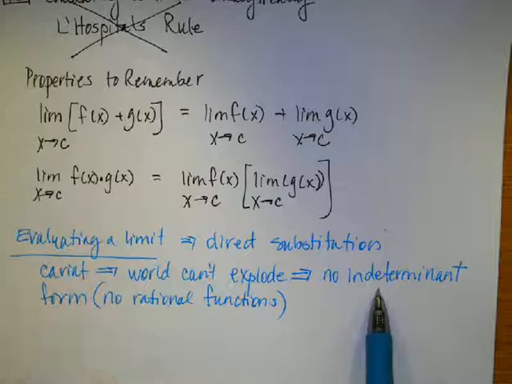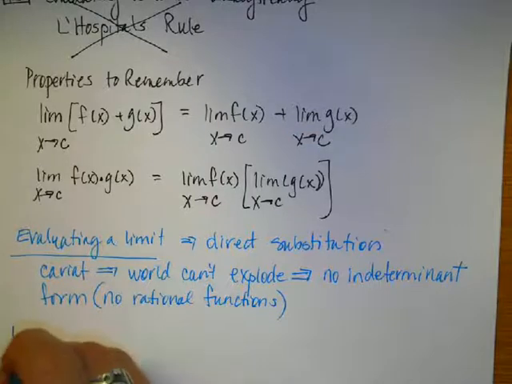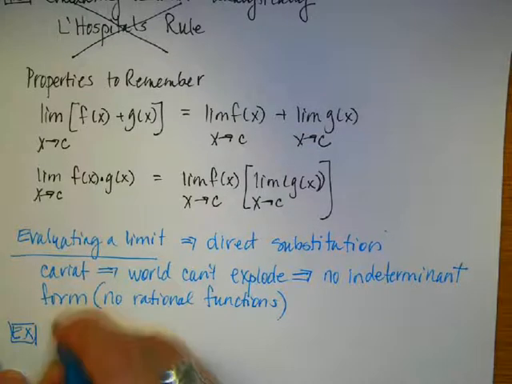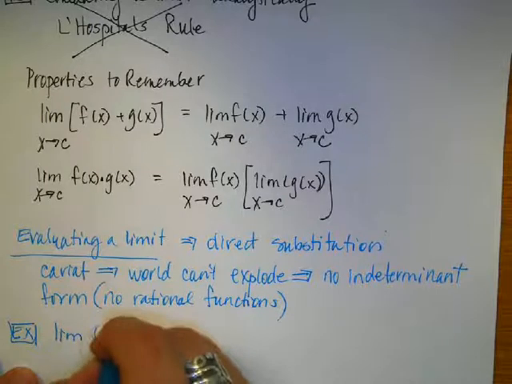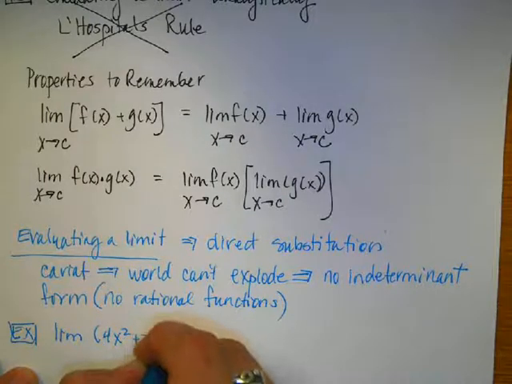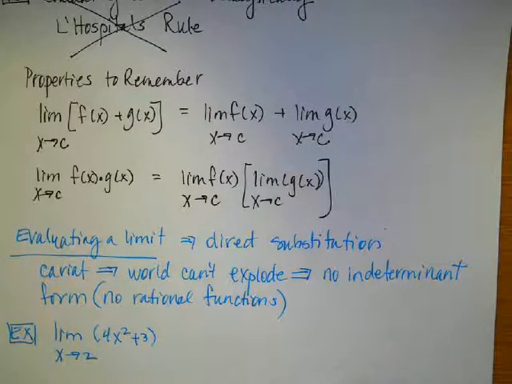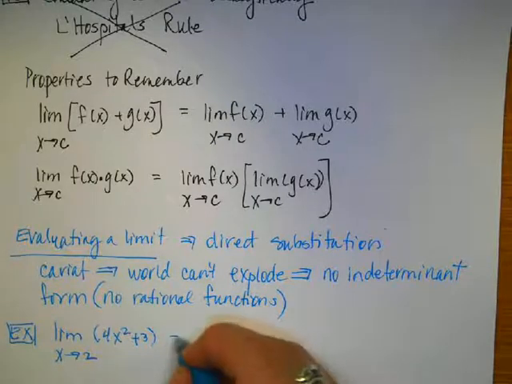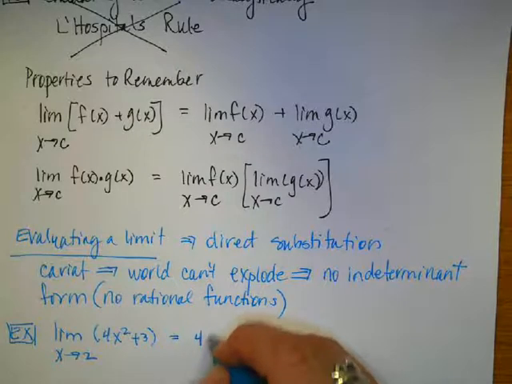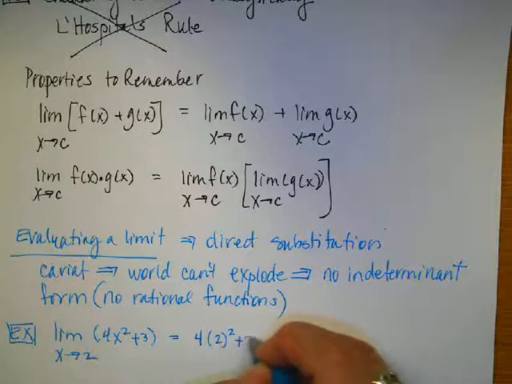And let's do the limit of 4x squared plus 3 as x approaches 2. Again, this is not a rational function, so I have nothing in the denominator to make it undefined or the indeterminate form, so I can just do direct substitution. So this is going to be 4 times 2 squared plus 3. 2 squared is 4 times 4 is 16 plus 3, this is 19.